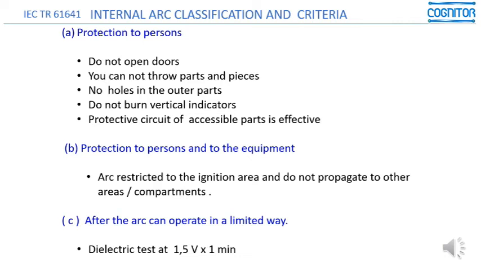There is a second classification for low voltage switchgear, with respect to internal arc classification, which is the protection to person and to the equipment. And in this case, you must meet the conditions of protection of persons that I mentioned before, but also the arc should be restricted to the ignition area and cannot propagate to other compartments.